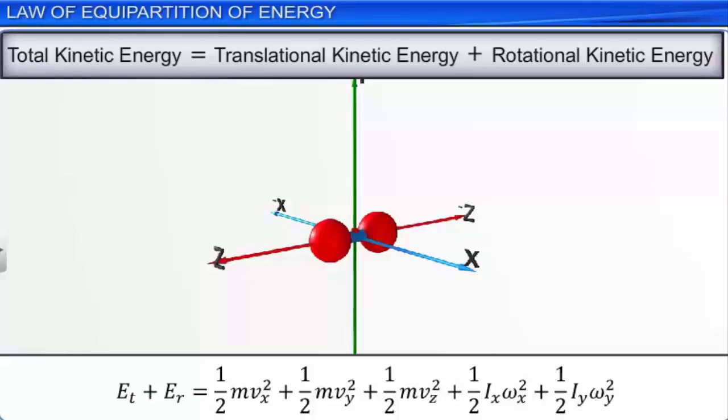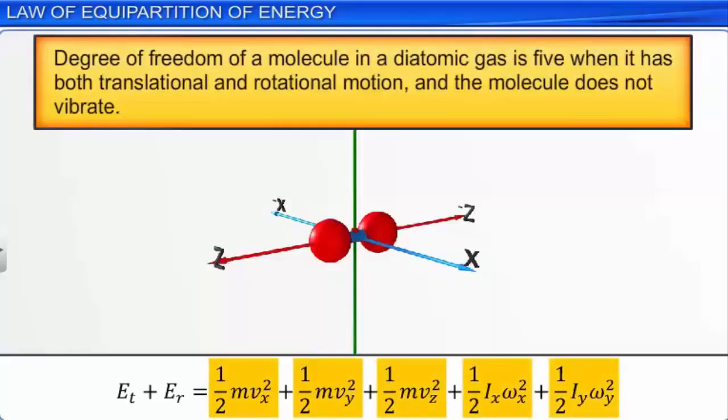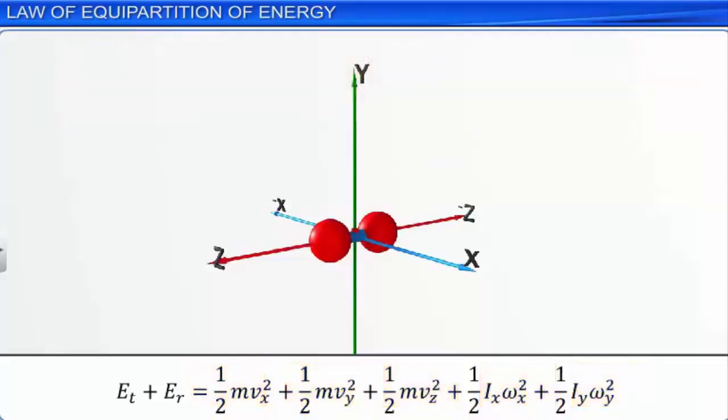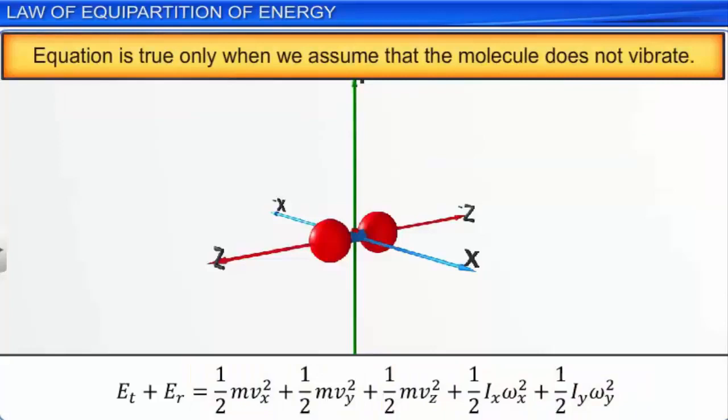In this expression, the number of independent terms is 5. So, the degree of freedom of a molecule in a diatomic gas is 5 when it has both translational and rotational motion and the molecule does not vibrate. Thus, the equation is true only when we assume that the molecule does not vibrate.